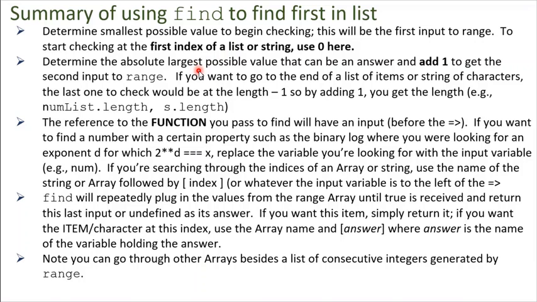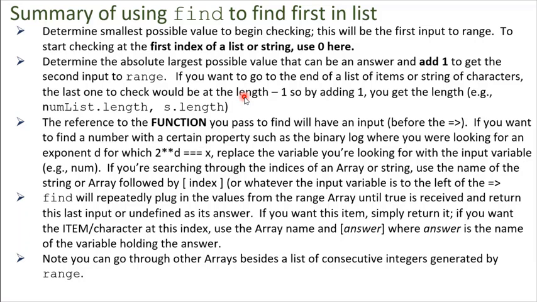Okay, the second input that goes for range, you have a lot of possibilities in certain cases. But if you're talking about a list of items or a string of characters, remember that the last character, or the last item in an array, is going to be at the length of that string or the length of the array minus 1.